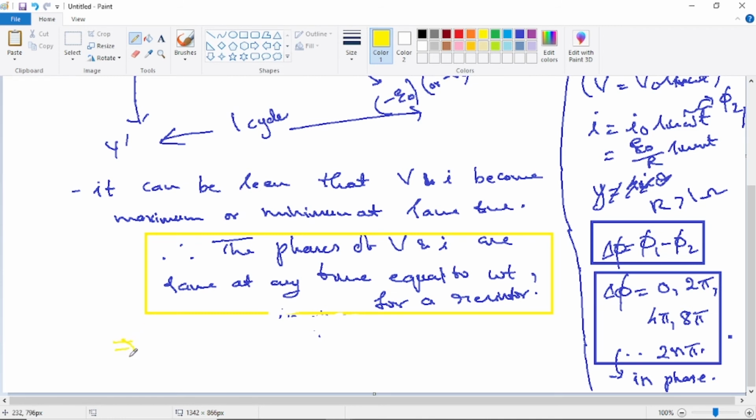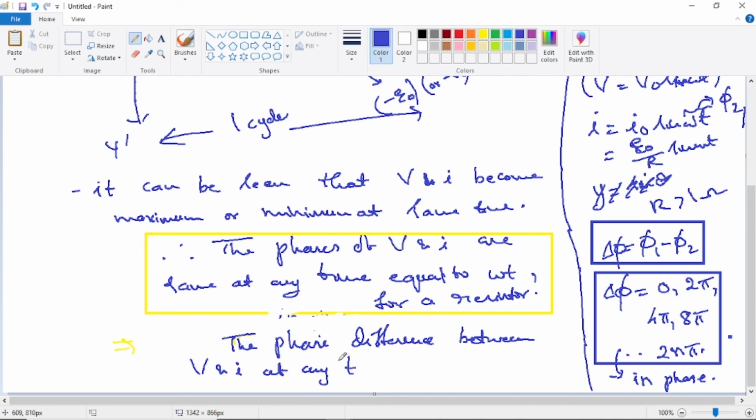So that implies, so I'm just using the same blue color, the phase difference between V and I at any time t is 0 for a resistor.